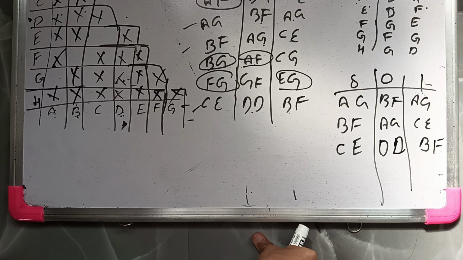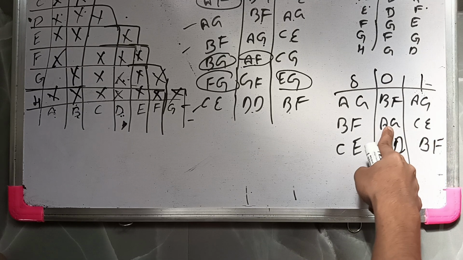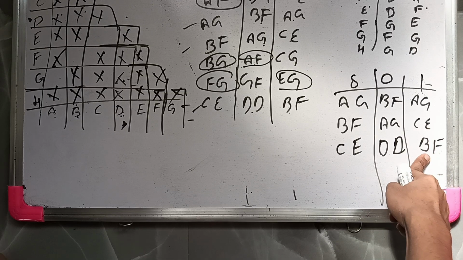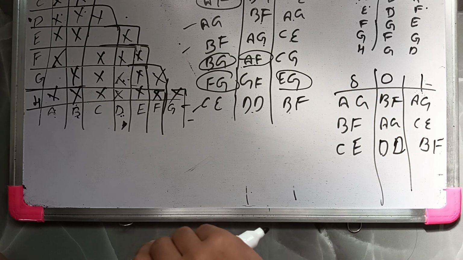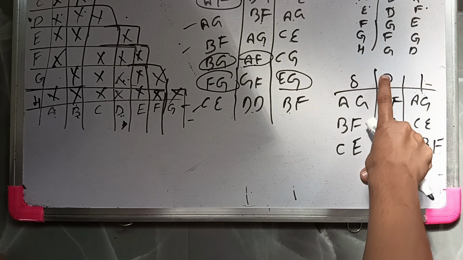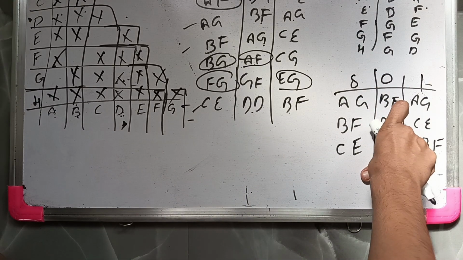So B and F is unmarked, A and G is unmarked, C and E is unmarked, D is unmarked, B and F is also unmarked. So this is the final answer, okay. This is the final remaining things, and from this we need to write a transition diagram.